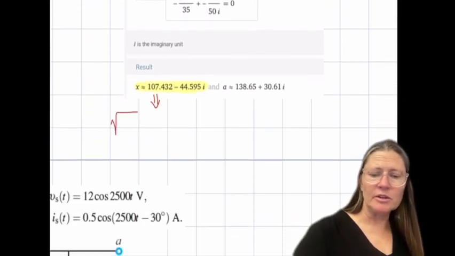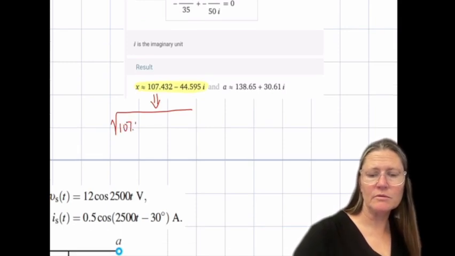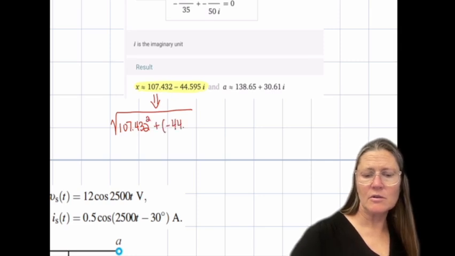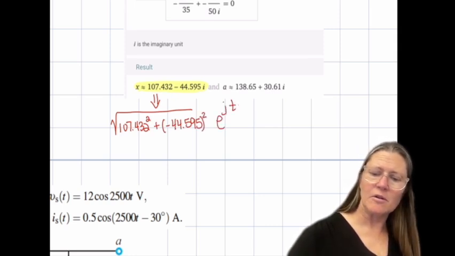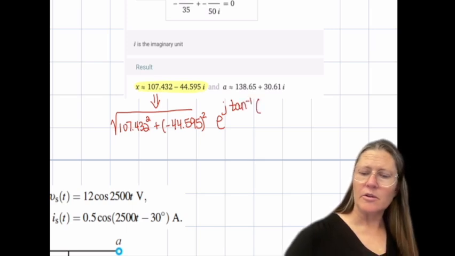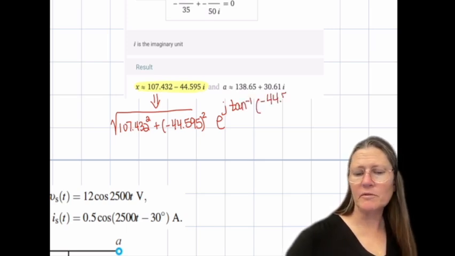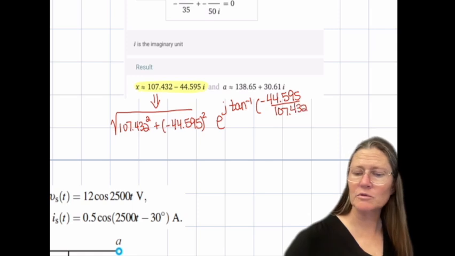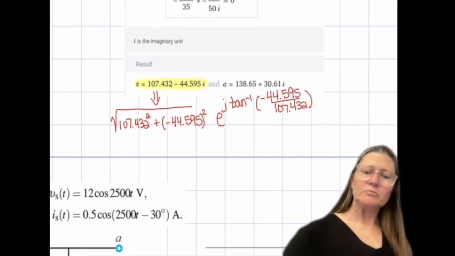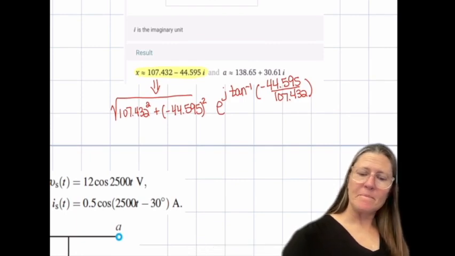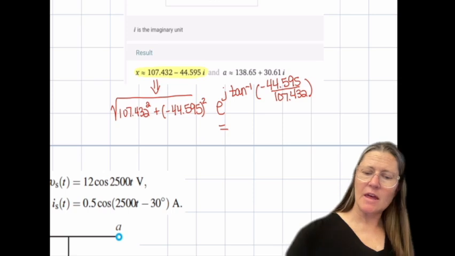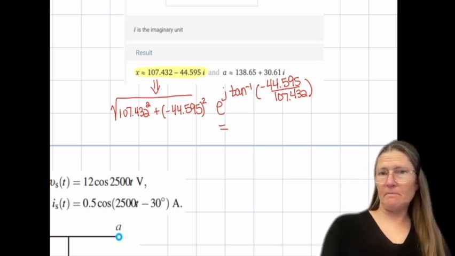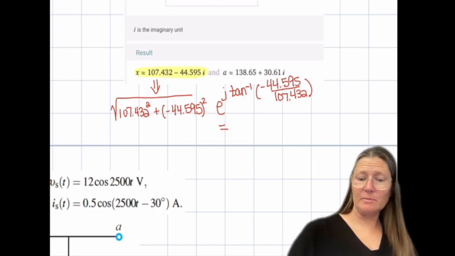So that is going to be the square root, so I have a minus 44.595 over 107.432. And that ends up, well, using my calculator.